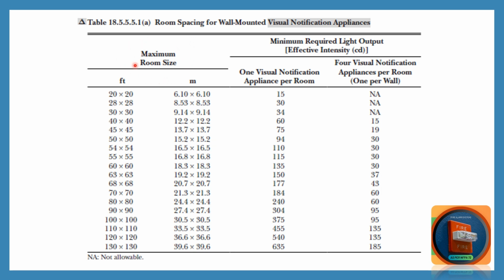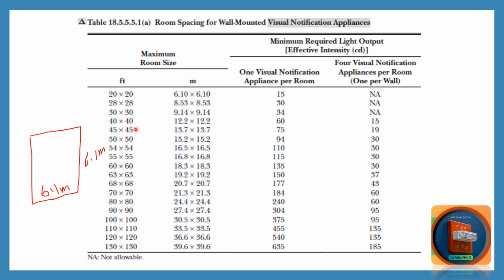I will explain with an example. For example, you have a particular room of length 6.1 meter and width also 6.1 meter. For this room, which candela rating do we need to use? If you look at this table, we have 6.1 meter by 6.1 meter.